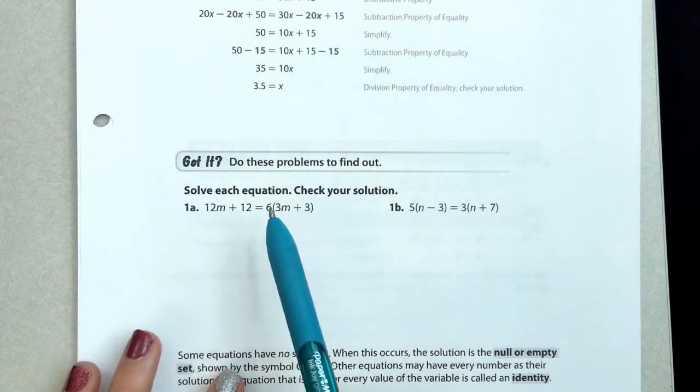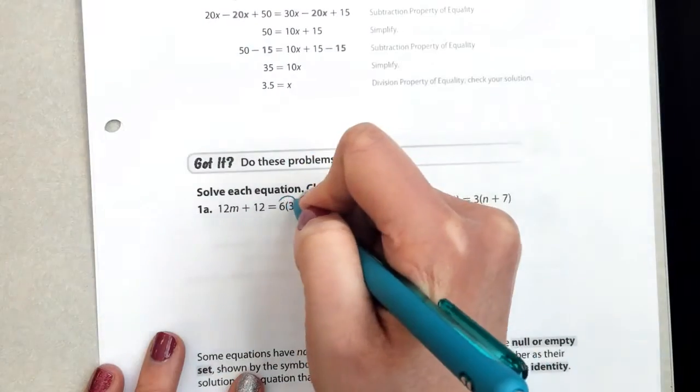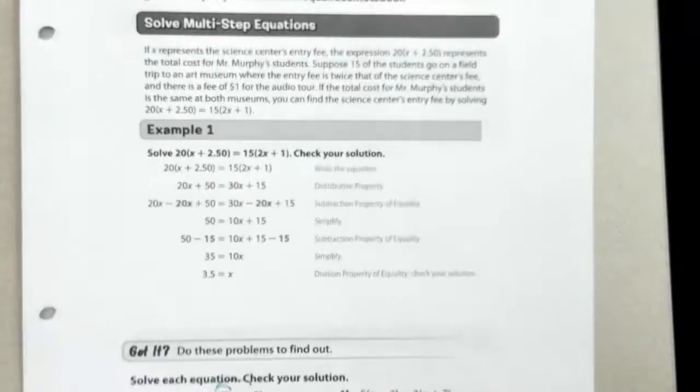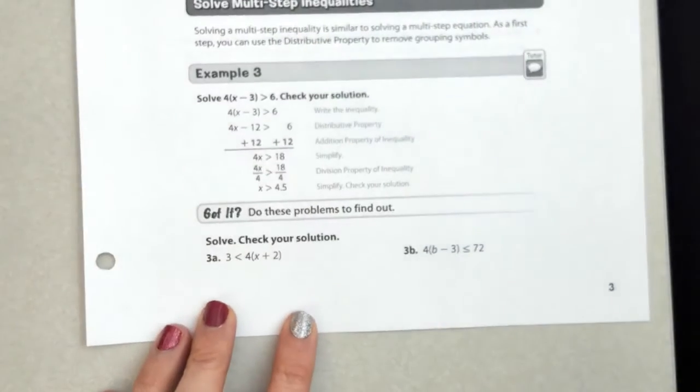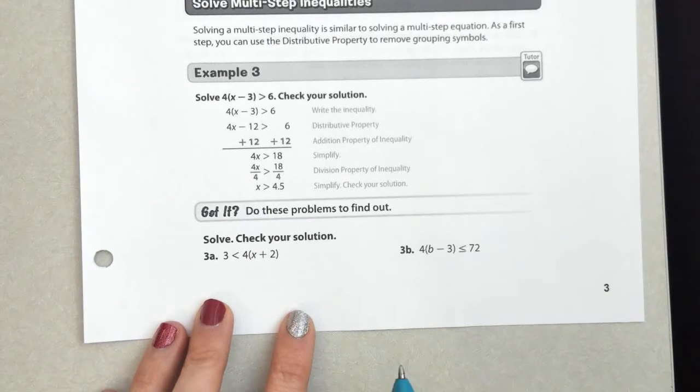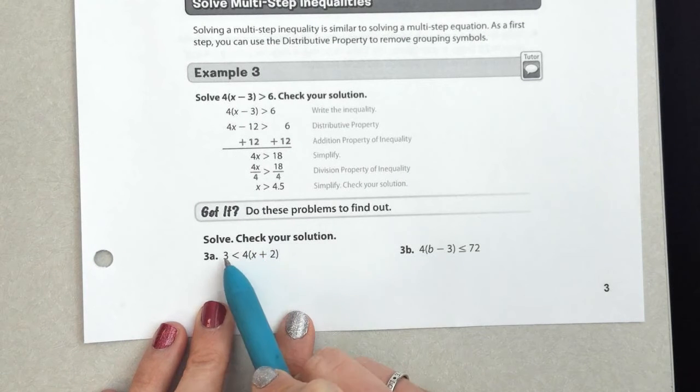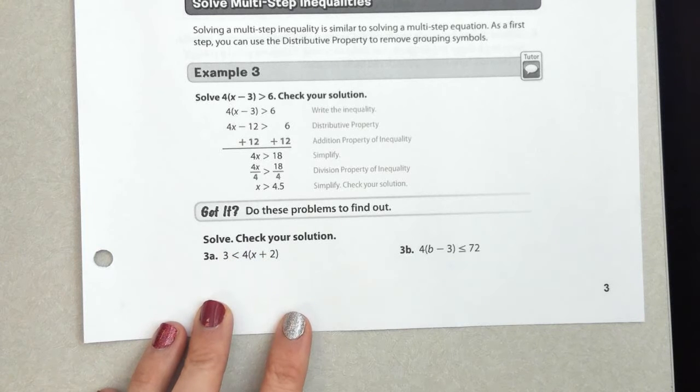So in this case, you'd want to do the distributive property, where later on there's some questions like this where you could do it either way with distributing or with dividing, because there's only one term on that side. But if you're unsure, always do distributive property, okay?